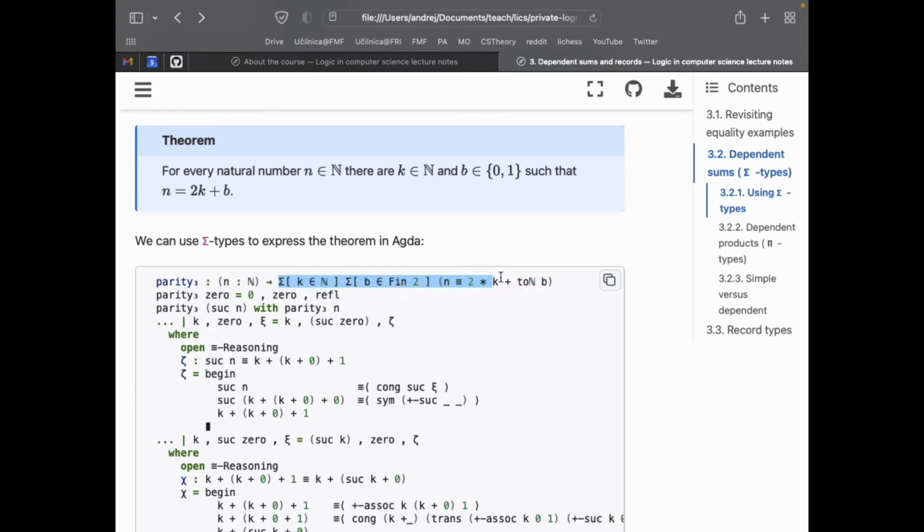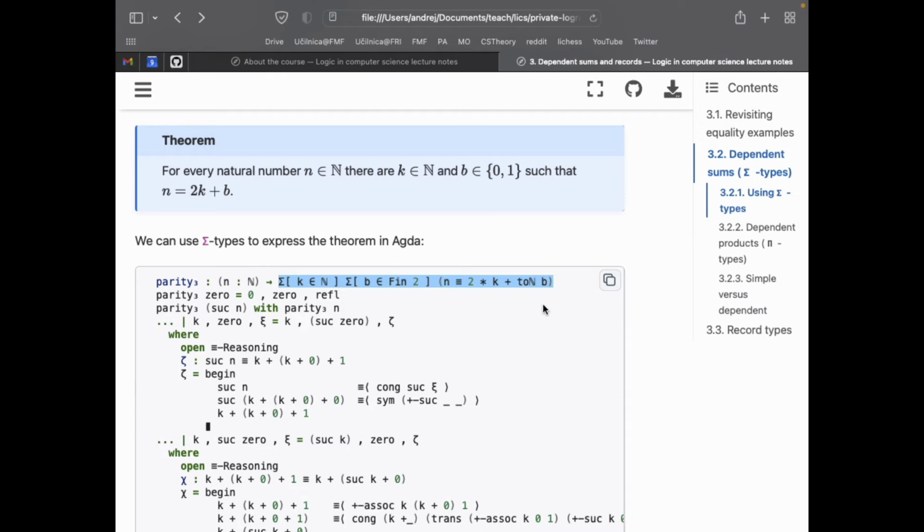So this is packaging up information in the result. It's returning not just the bit, but also the other witness, the k, and the fact that they fit together in the proper way. So once you have this, you have a function which is returning a triple, and the second component is the parity. Actually, it's not a triple. It's a nested tuple, nested by another tuple on the second component.